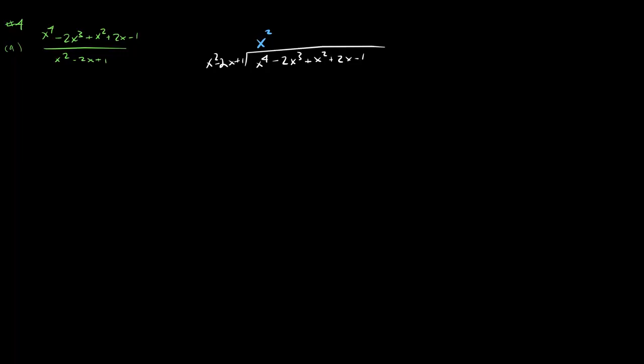Just like with long division, I say how many times does it go into that? I multiply x squared by the original term, so I get x to the 4th minus 2x cubed plus x squared. That's really cool. This indicates that we could have been clever and spotted a little shortcut here, because all these are going to go away.